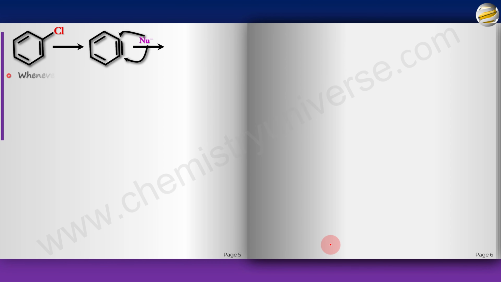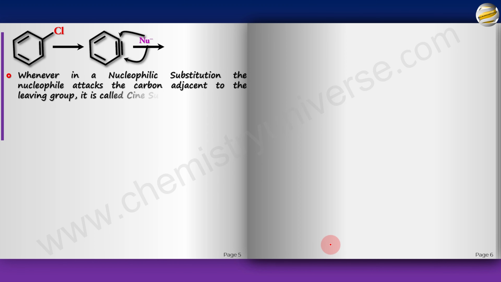And whenever in a nucleophilic attack, the attack happens on the adjacent carbon to the leaving group, it's called cine substitution. And remember, we saw cine substitution even in NGP. If you say for example, you have Me here and Me here and NH2 here and Br here, and there's an H here and there's an H here, and you have a nucleophile coming in. Let's say I use Finkelstein reaction, NaI and acetone. So what will happen? This I minus will generally replace this Br and come from the opposite side. It will show SN2.